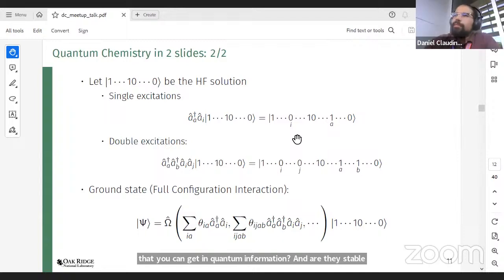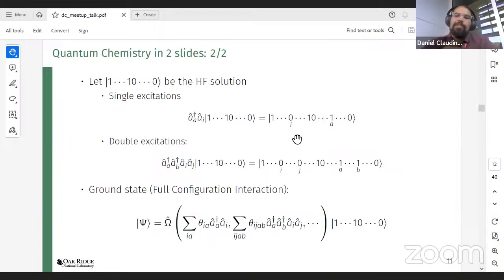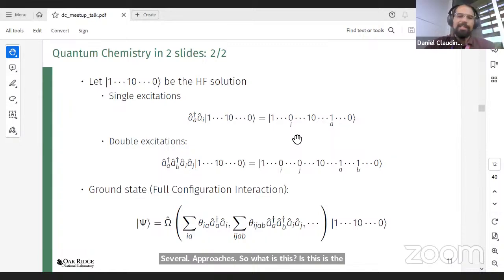Okay, those are interesting questions. There are several mean field approaches. What is distinct about Hartree-Fock is that this is the one that minimizes the energy. So it's the variationally optimal mean field solution. So yes, we are shooting for the ground state when we do Hartree-Fock.